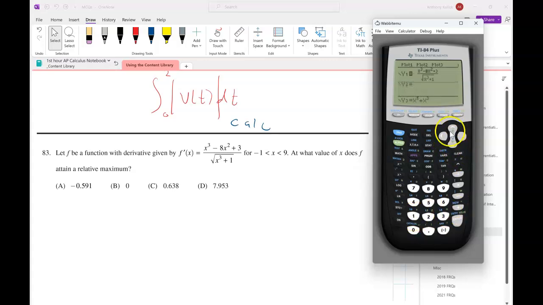And then I don't want to actually look at the graph of that, because maybe I don't remember my first or second derivative test stuff.